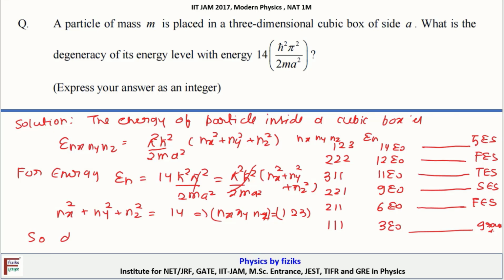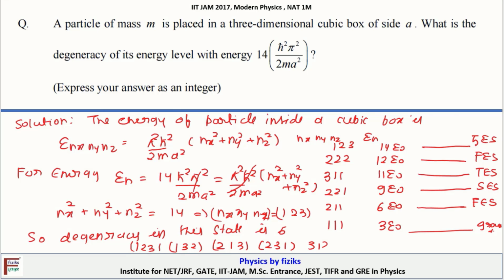So the degeneracy in this state is 6, and these are 1, 2, 3; 1, 3, 2; 2, 1, 3; 2, 3, 1; 3, 1, 2; 3, 2, 1. So the answer is 6. Degeneracy is 6.